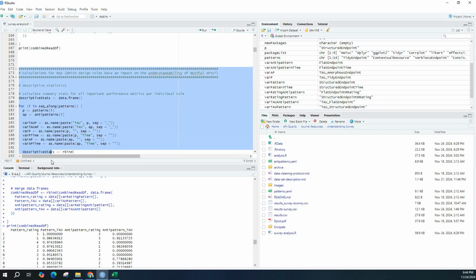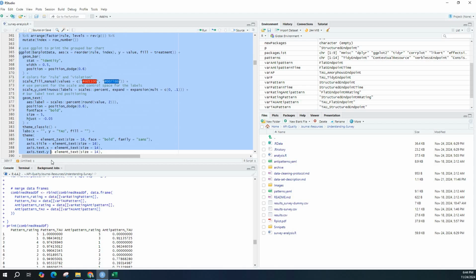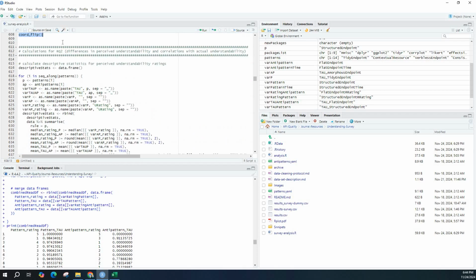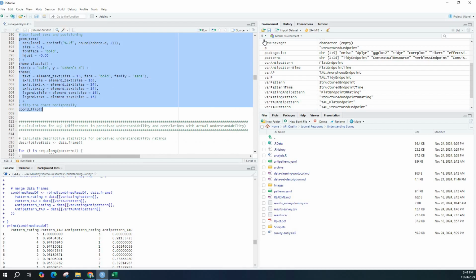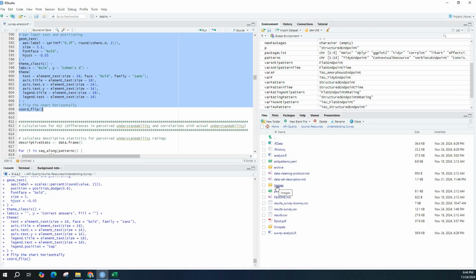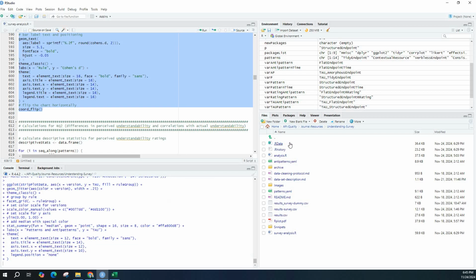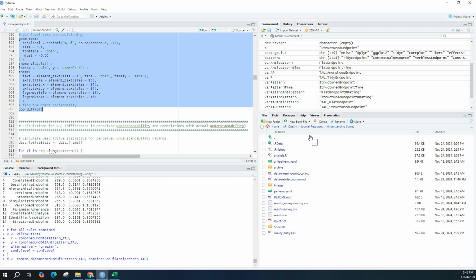So let me run all the code for RQ1. When we run it, we will have some plots that will help us support our hypothesis.